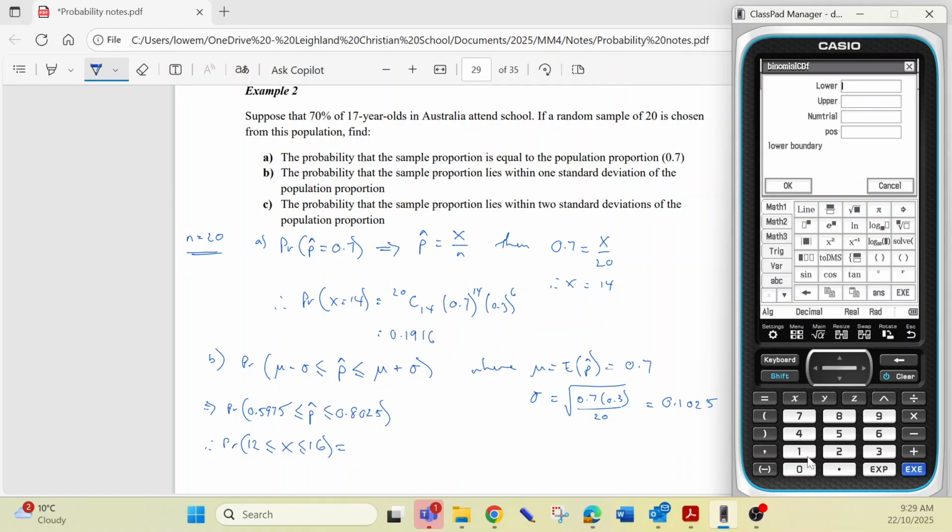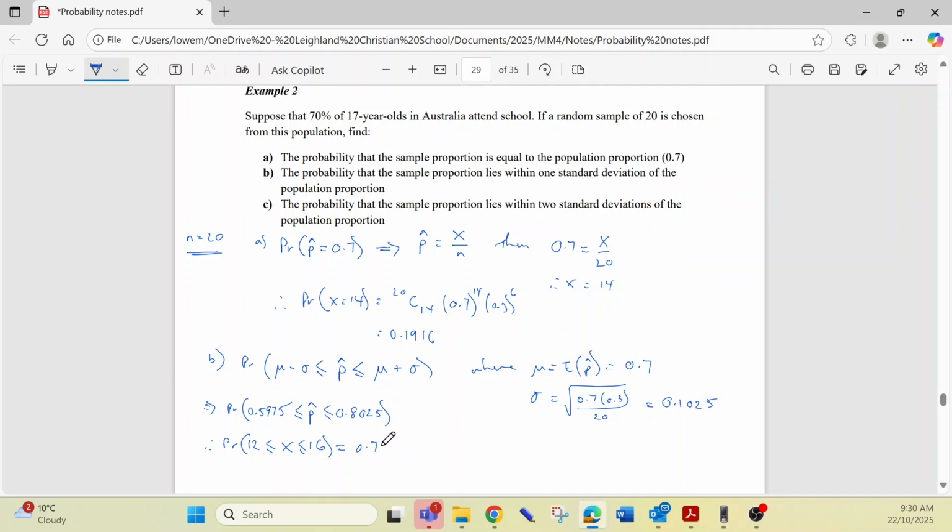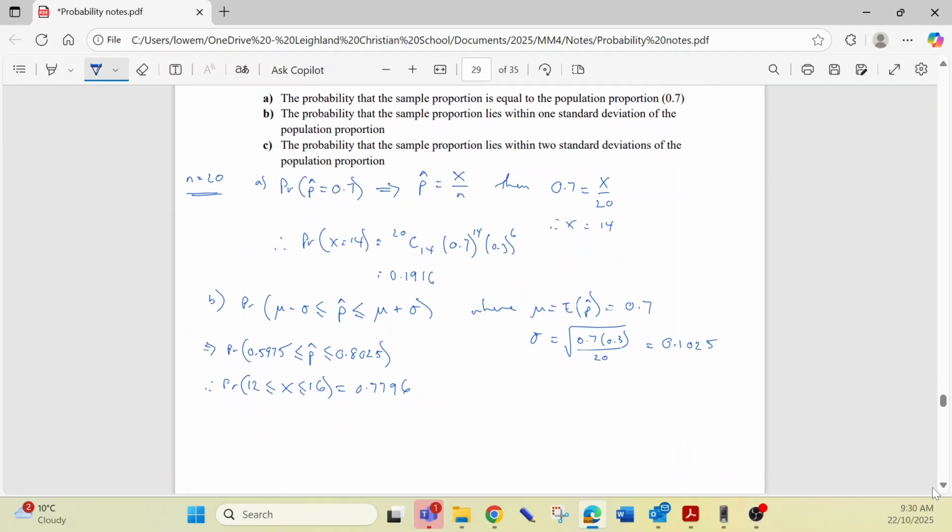Our lower value is 12, our upper value is 16, number of trials is 20, probability of success 0.7, and so we get 0.7796. That's the probability that it lies within one standard deviation of the mean.